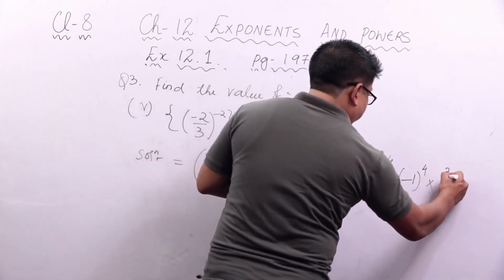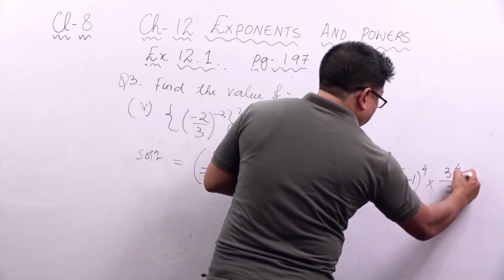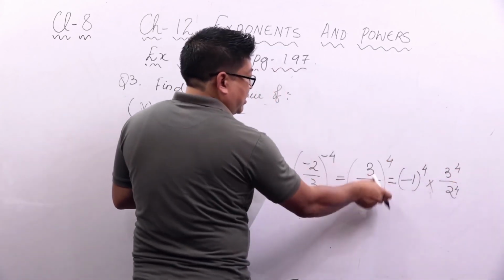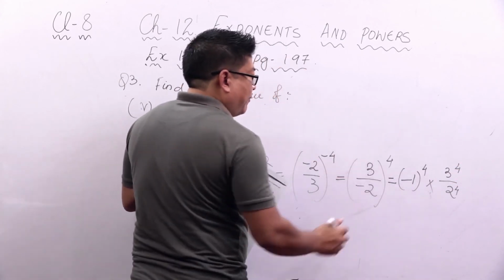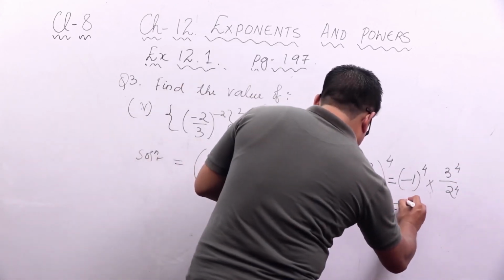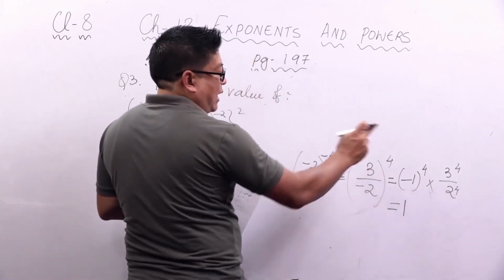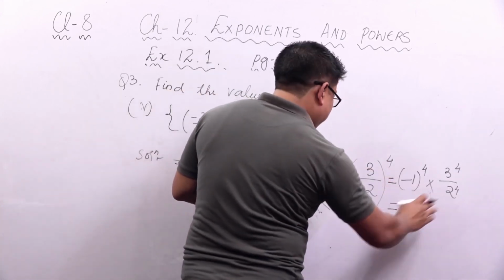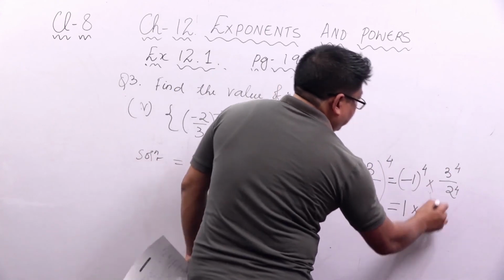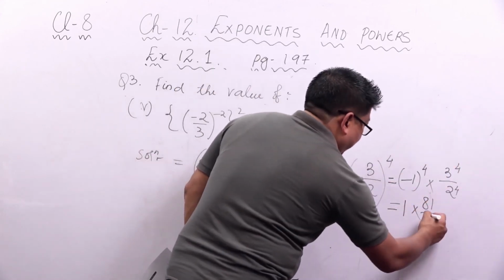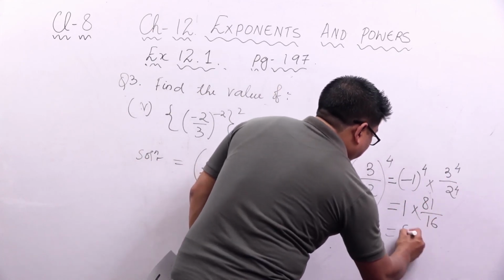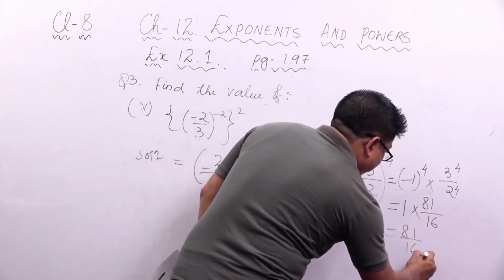And this 3 by 2, I will separate the powers. That means 3 four times, 2 four times. All right? So when you multiply all this, you get minus, you multiply 4 times, it will become plus. 1 you multiply as many times, it will still be 1. Into 3 you multiply 4 times, you get 81. 2 you multiply 4 times, you get 16. So your final answer is 81 by 16.